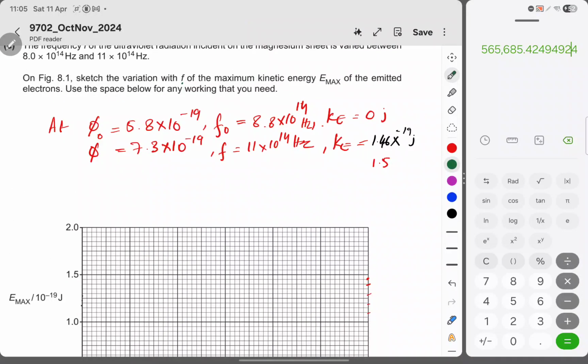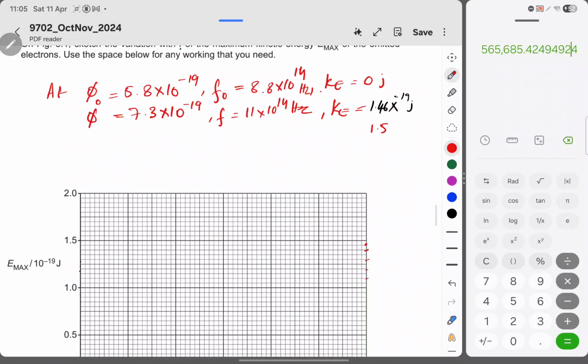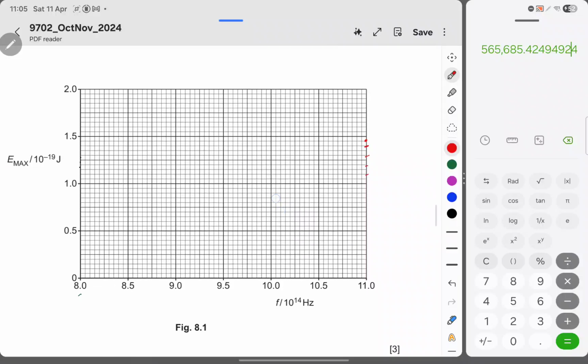what we got so far is 5.8 into 10 to the power minus 19 as the work function. The threshold frequency is 8.8 into 10 to the power 14, and at that time the maximum kinetic energy is 0, right?